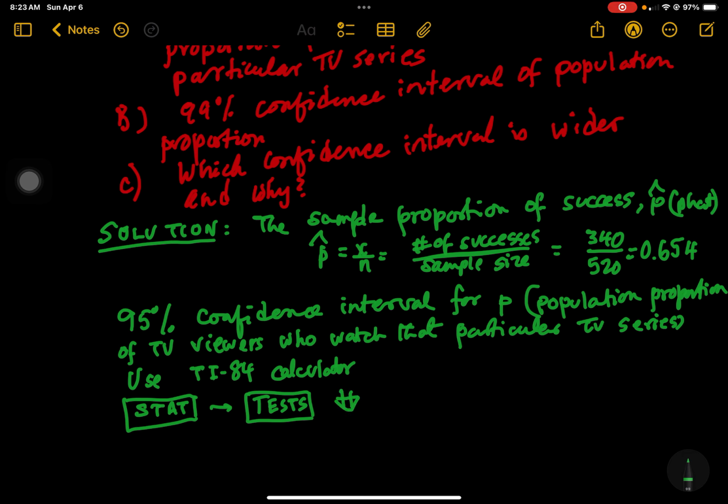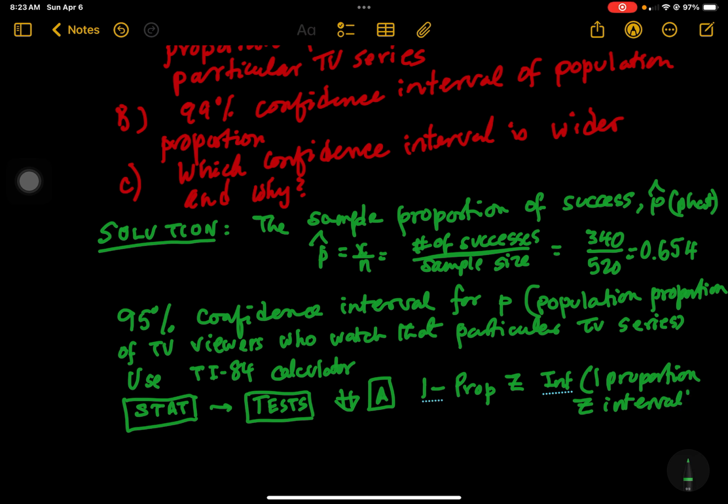Remember, this is a proportion problem, so we are scrolling down to A as in apple with the down arrow key to 1 prop Z interval. It is short for 1 proportion Z interval, and hit enter.